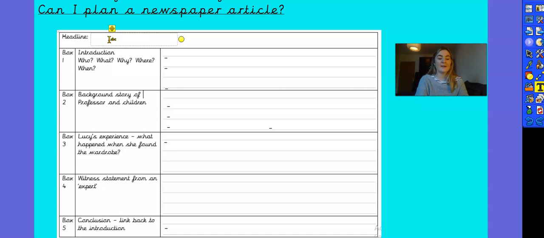So what we could have is, let's start off with girl finds magical wardrobe, exclamation mark. Girl finds magical wardrobe. Again, it's good, but it's not telling us much about the girl, much about where the wardrobe is.